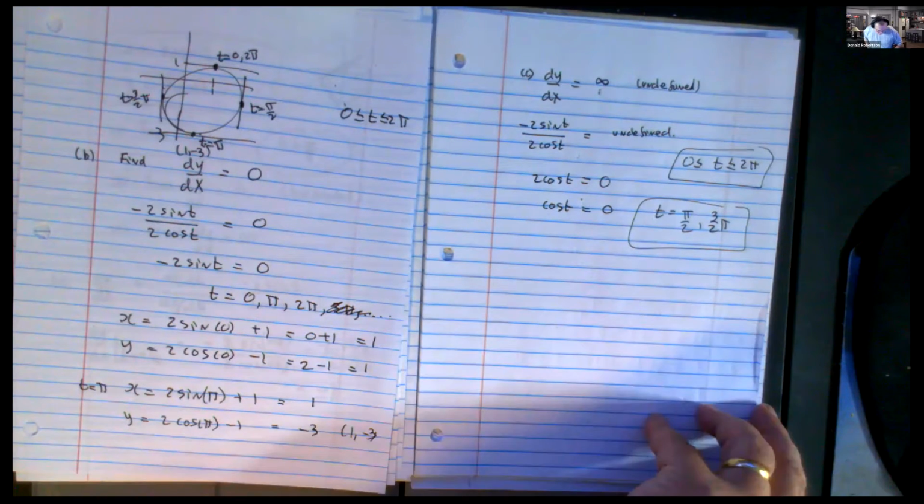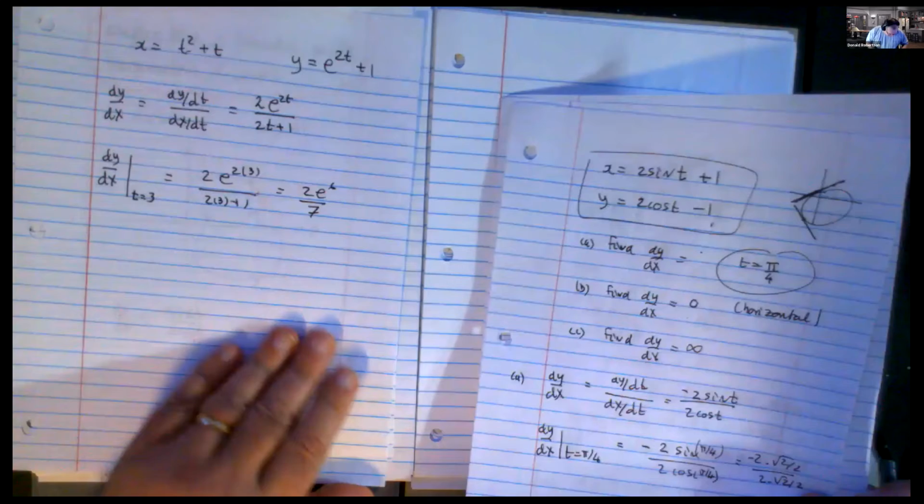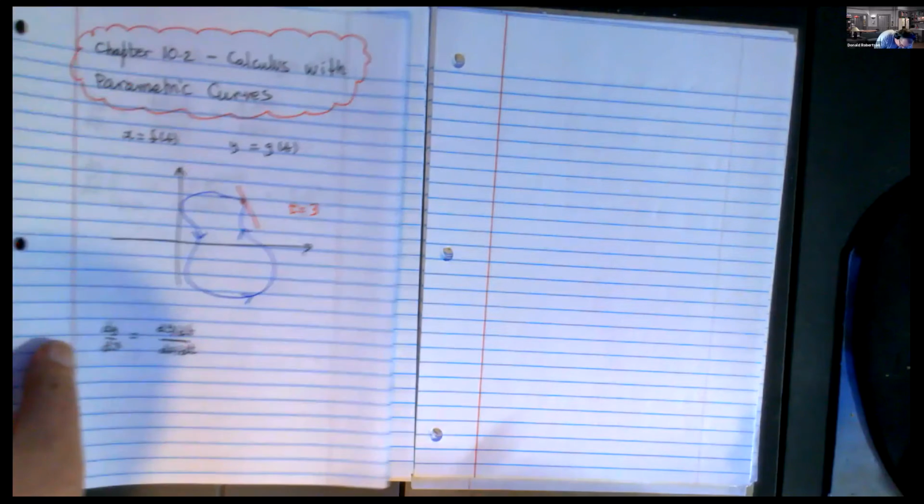So I can find derivatives of any parametric curve without too much work. And I can also tell you when it is 0, horizontal, and when it is vertical. So let's try another one.